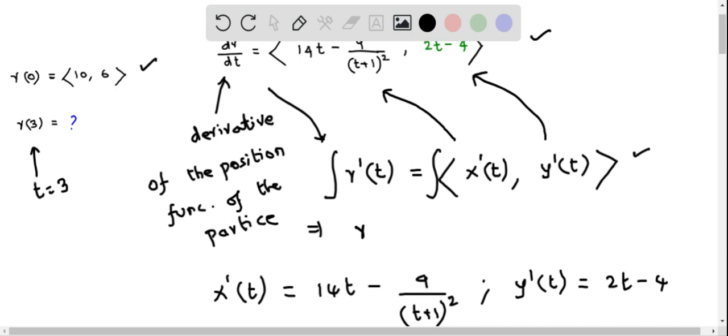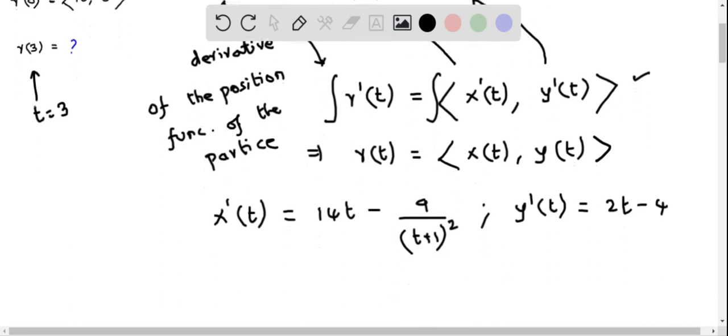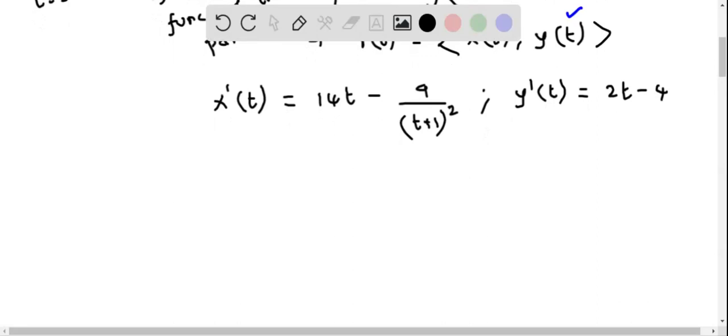Integration of r prime of t is r of t, which equals x of t comma y of t. So we have to integrate x prime of t as well as y prime of t, so that we get these two components, x of t and y of t, which will help us get the r of t. Let's see how to determine x of t and y of t using the derivatives of those functions.